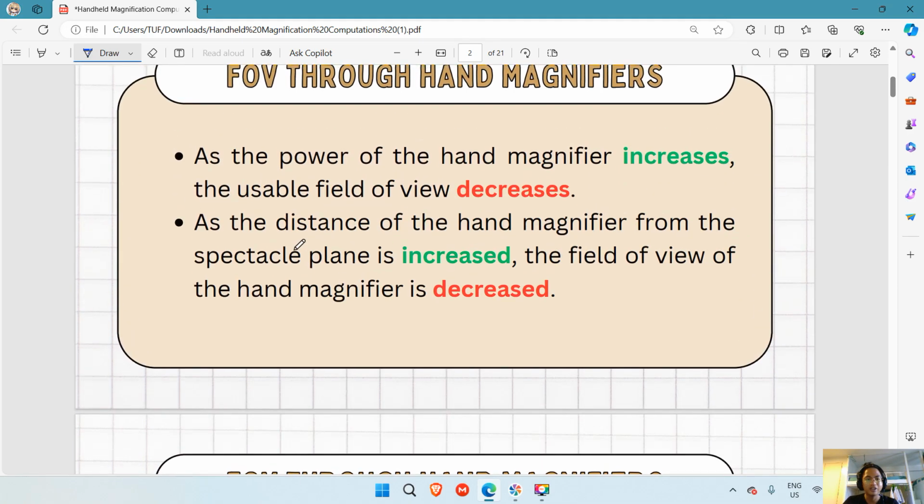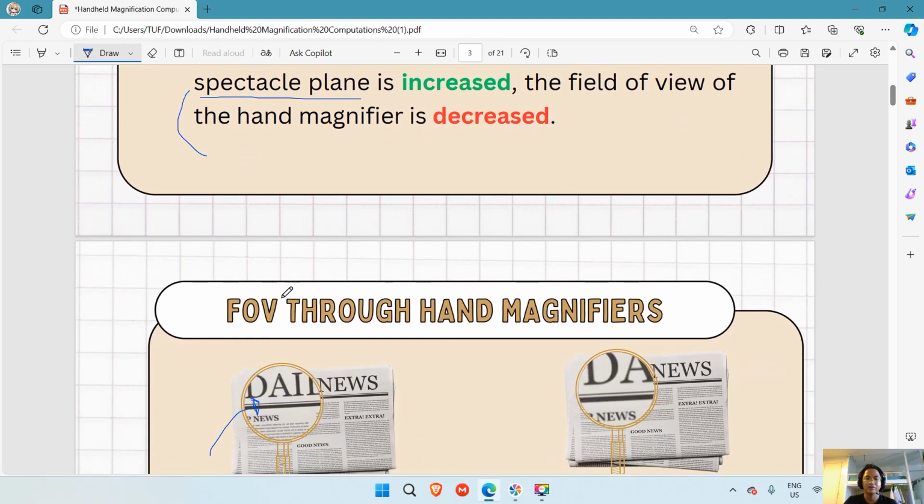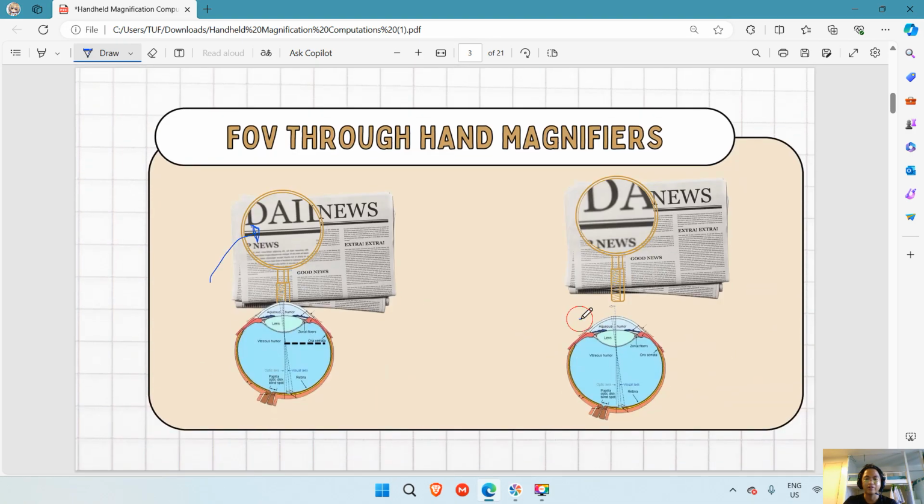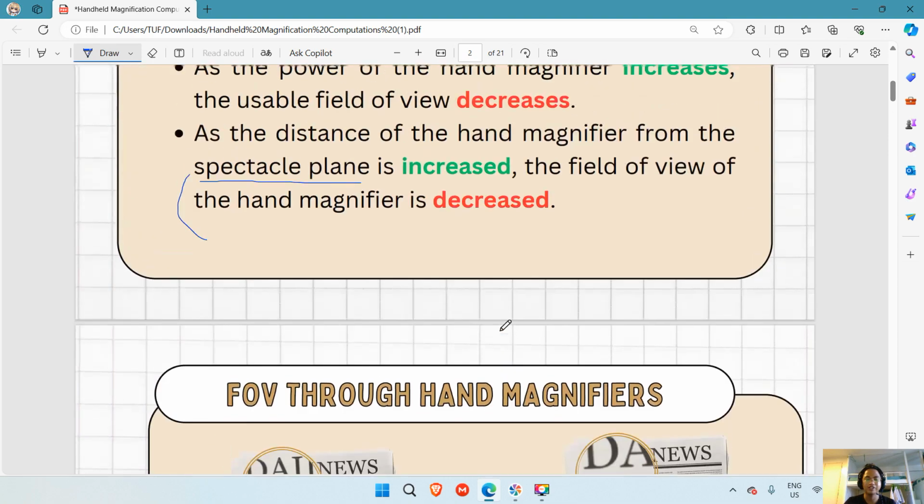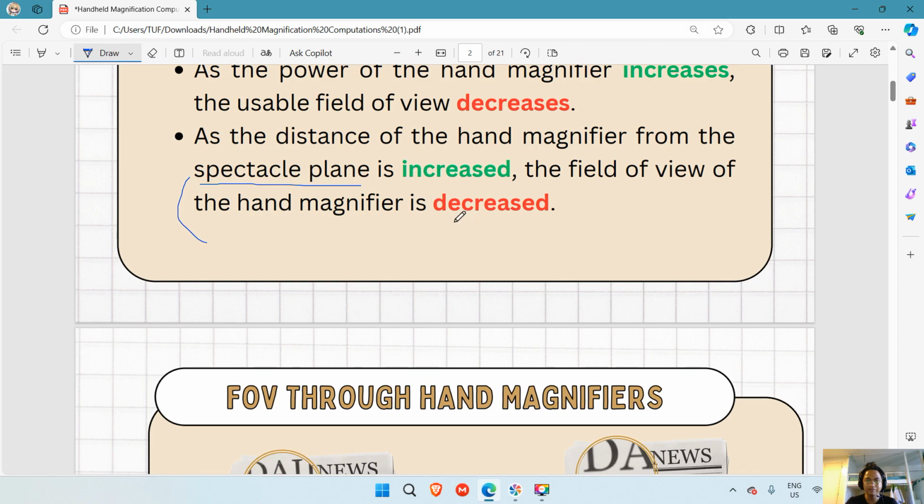And consecutively, as the distance of the hand magnifier from the spectacle plane is increased, the spectacle plane can be our lens, ocular lens or our accommodation. It depends on the situation of the patient.